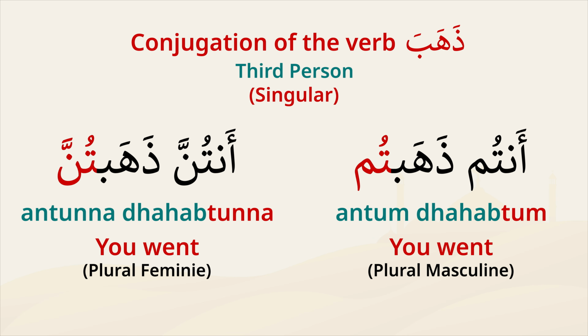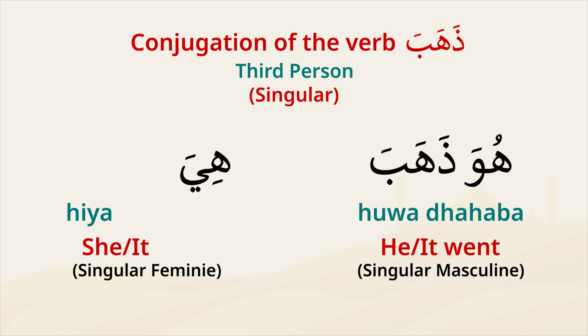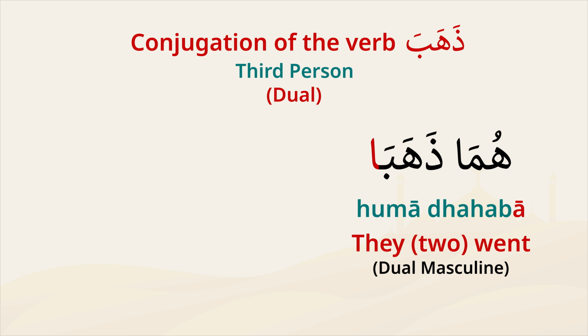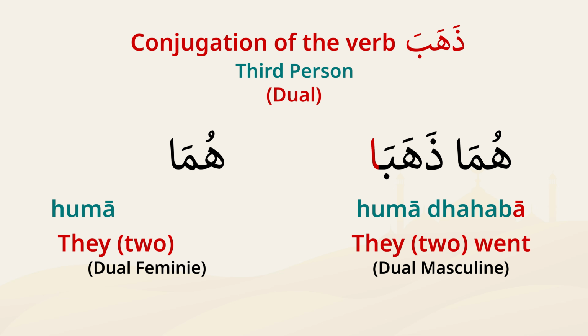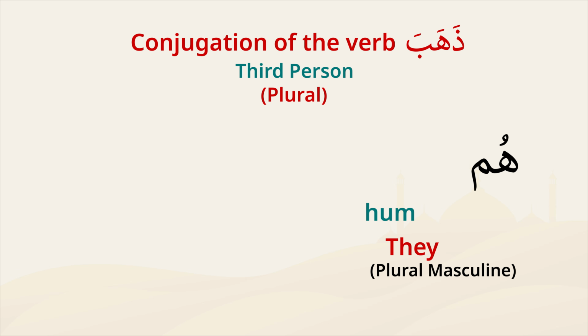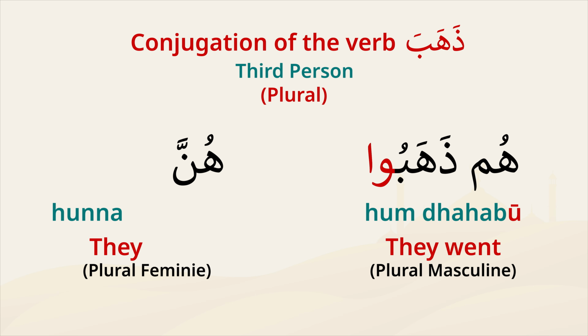For the third person, هو ذهب, هي ذهبت, هما ذهبا, هما ذهبتا, هم ذهبوا, and هن ذهبن.